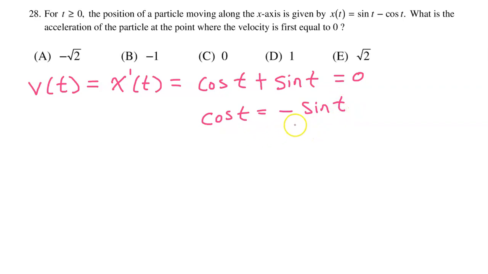This is an interesting case. We need to imagine what value of t will cause cosine and sine to be equal to each other except have opposite sign. Let me take away the negative sign for a second. What value of t will cause cosine and sine to be the same thing?